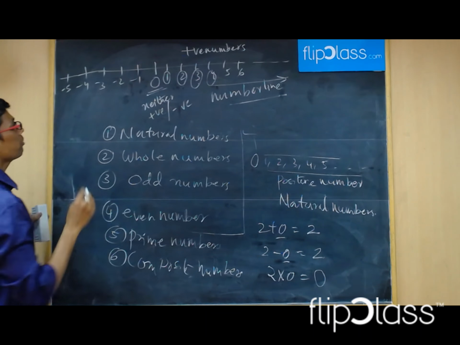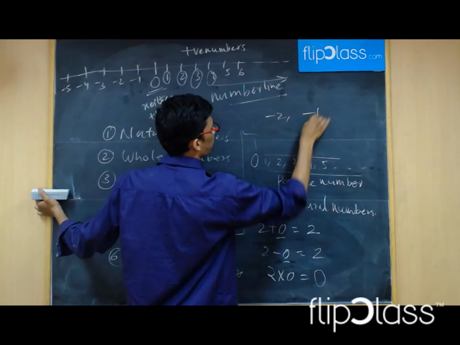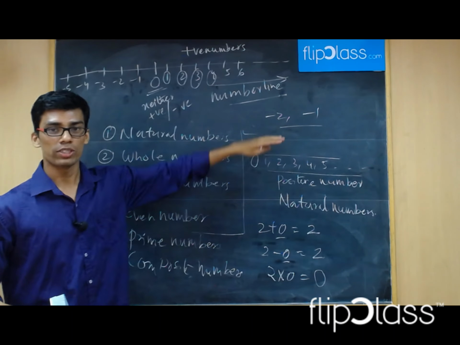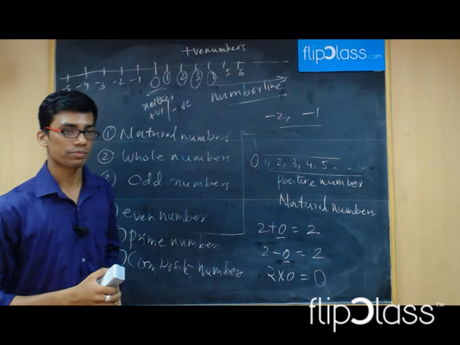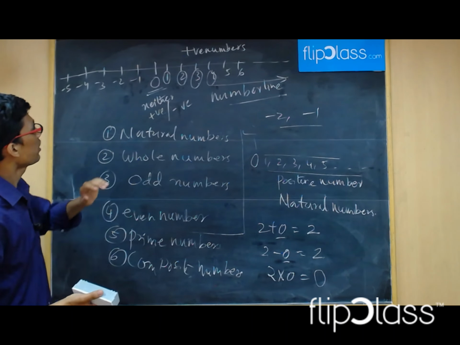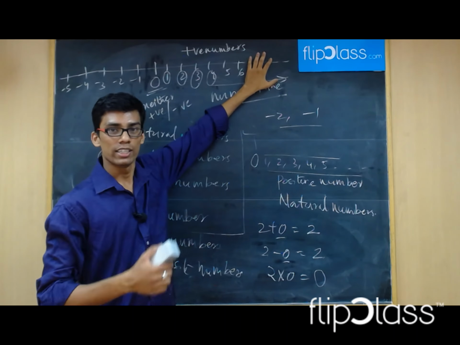What do I mean by that? If I compare minus 2 and minus 1, which number is greater and which is smaller? The first thing you have to understand is that there is a number 0. If you go to the right of it, the numbers keep on increasing.